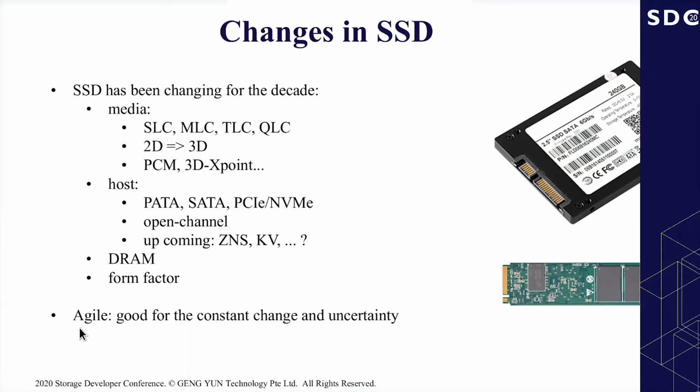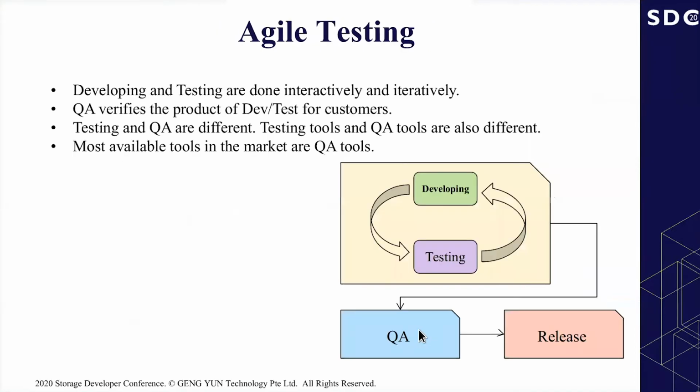Consequently, many teams adopt the Agile development method. Basically speaking, Agile is good for constant changes and uncertainty. But Agile is quite different from the traditional waterfall development method. Here is a simplified Agile process of software development.